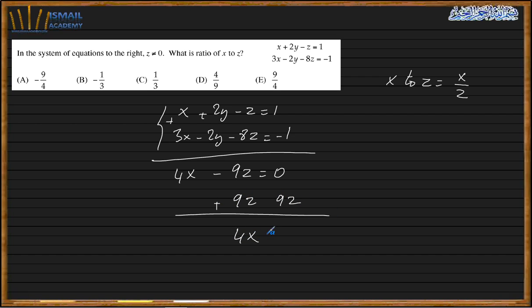So I got 4x equal 9z. I want x over z, so I cross multiply. So I got x over z equal 9 over 4, and E is my answer. You see, we found the ratio without even knowing the value of x and the value of z.